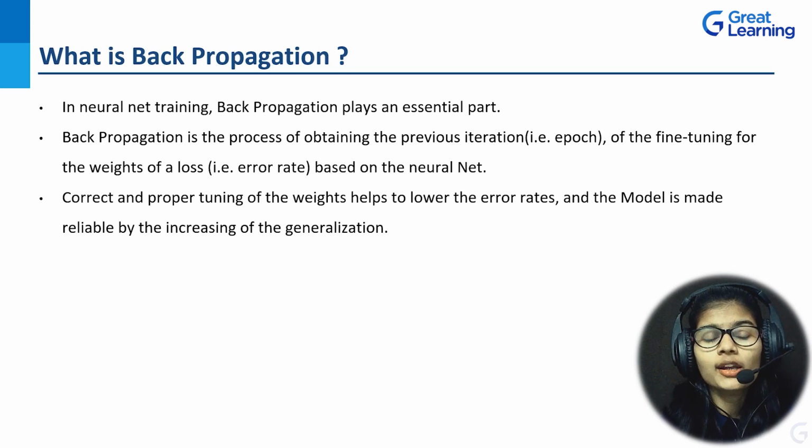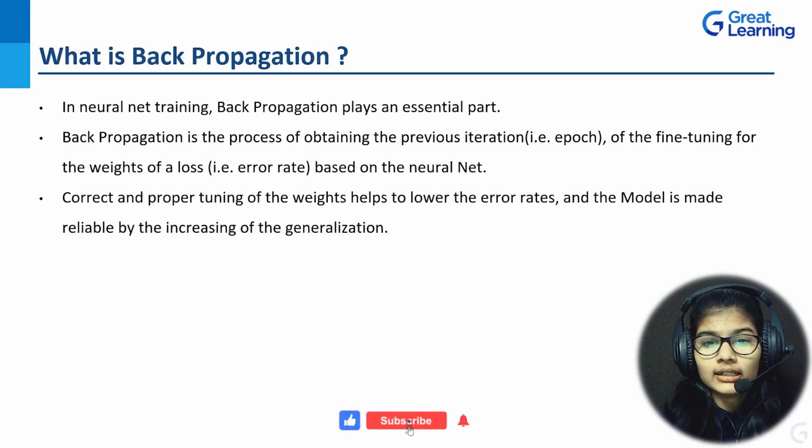Please make sure that whatever terms I use further in this tutorial, you can relate to them. So for the fine tuning of the weights of a loss, which is based on the neural net, backpropagation is the process which we use.